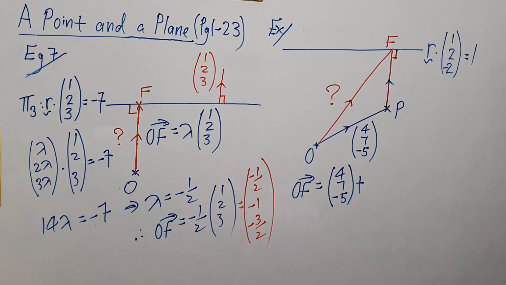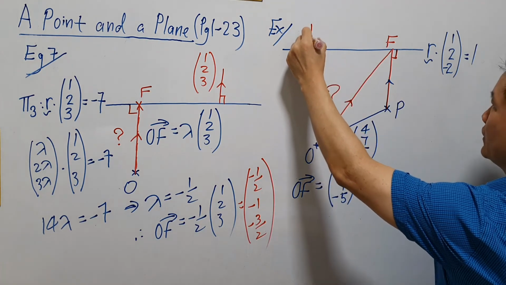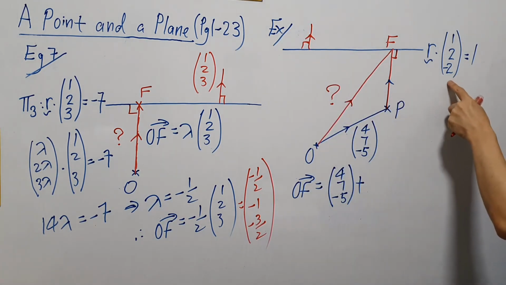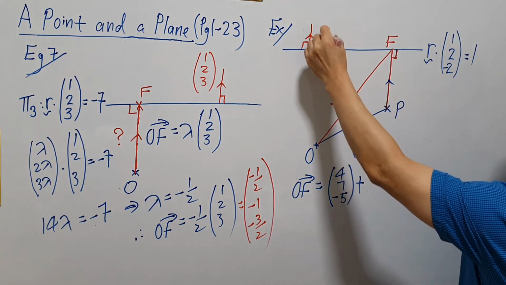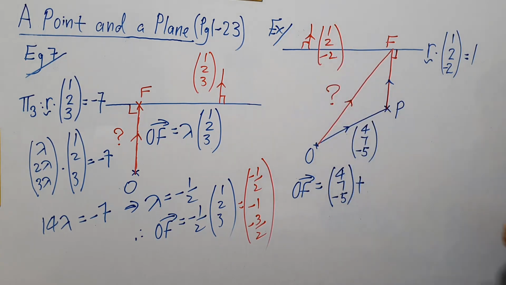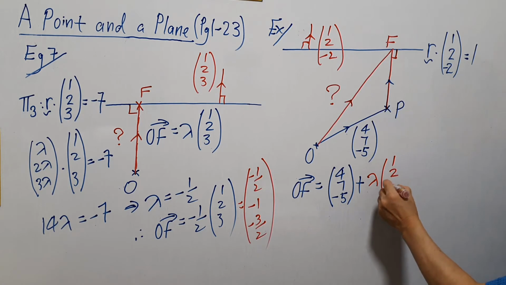You want to notice that the vector PF is also parallel to this vector. Why is it so? Because this vector 1, 2, minus 2 is perpendicular to the plane. Remember? So based on this, I can then write the vector PF as a multiple of 1, 2, minus 2.